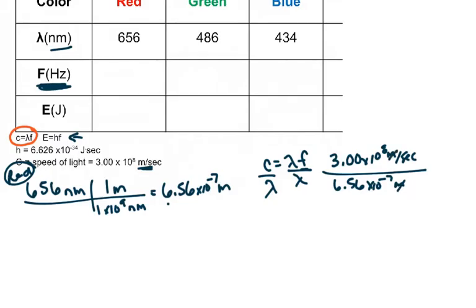So our meters cancel, we're left with 1 over seconds, which hertz is the same thing as 1 over seconds. That's what we're solving for. So for frequency, when I put all that into my calculator, I get 4.57 times 10 to the 14th hertz.